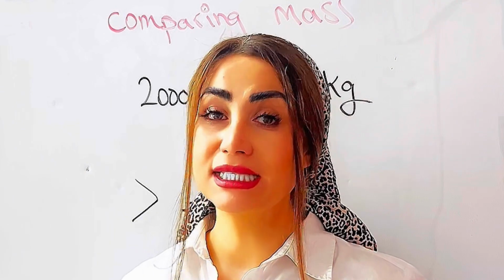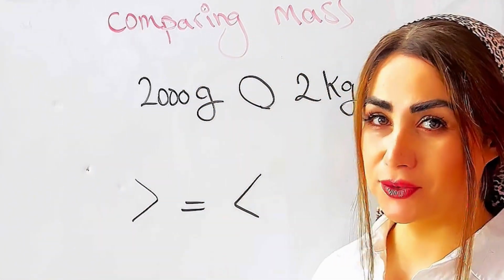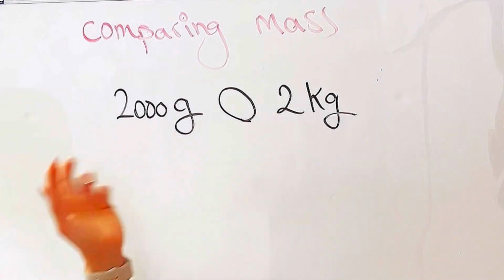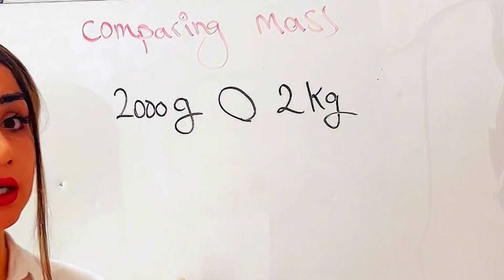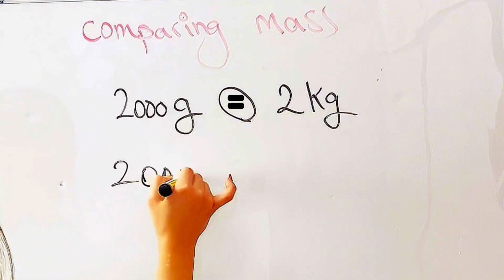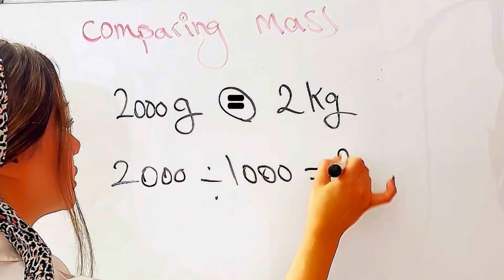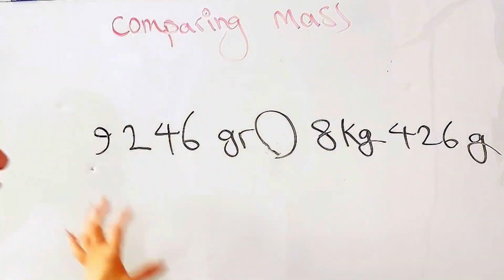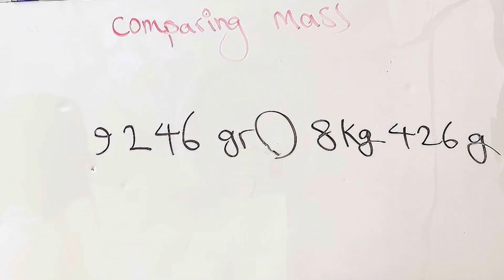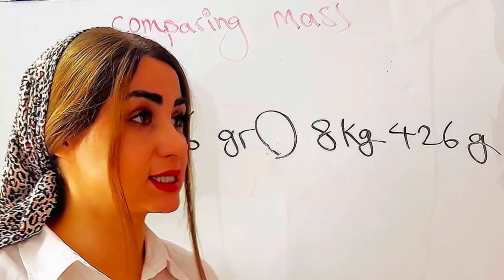Now let's practice comparing masses using greater than, less than, or equal to. So is 2000 grams the same as 2 kilograms? Yep, because 2000 divided by 1000 equals 2. What about 9246 grams versus 8 kilograms 426 grams?